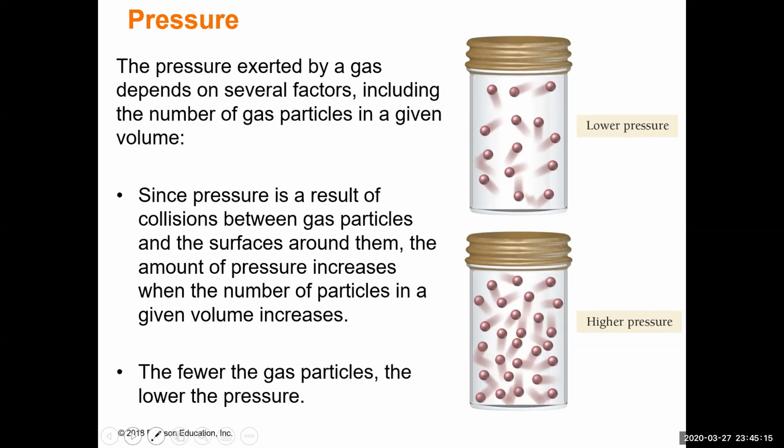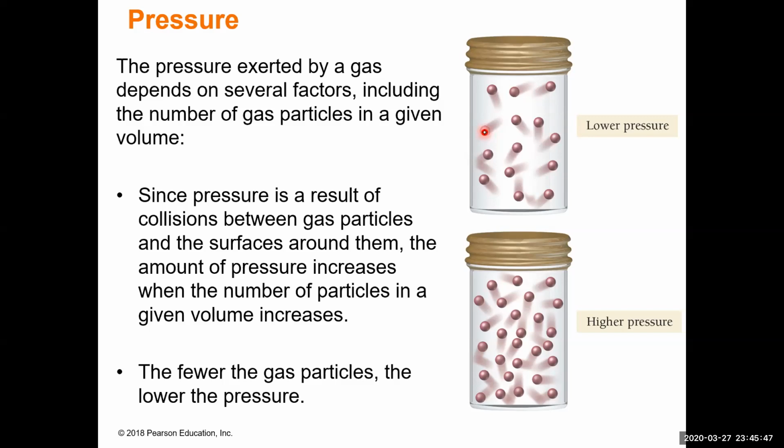So we see here at the top container, we have the same volume in both these containers, top and bottom. In the top container, we have less number of particles, or we can say less number of moles of our gas particles. Because we have less number of gas particles, they will end up having less collisions with the surface.